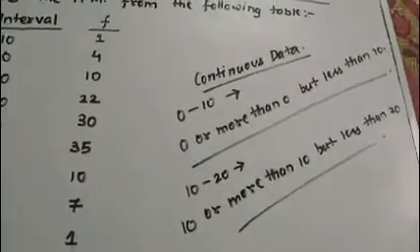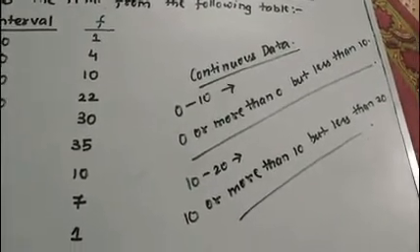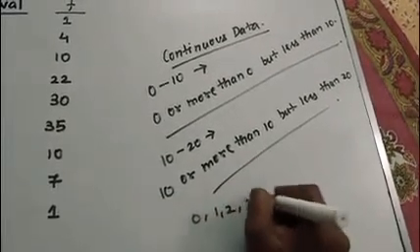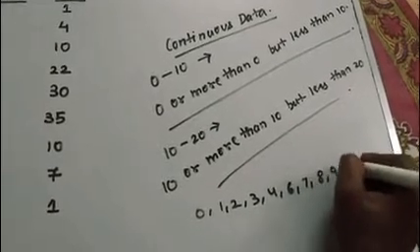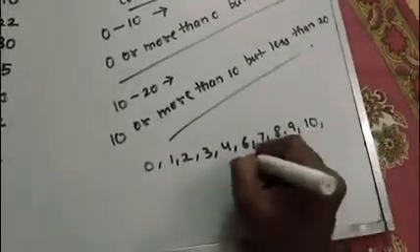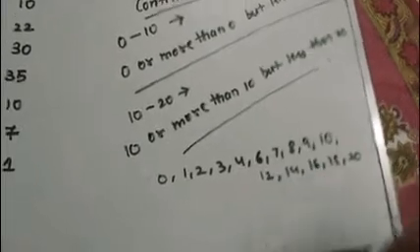Now what does that mean? Suppose you have many numbers from 0 to 100. You have 0, 1, 2, 3, 4, 5, 6, 7, 8, 9, 10. These are the numbers. Now we are defining the class intervals. Then after 10 you have 12, 14, 16, 18, 20, like that.